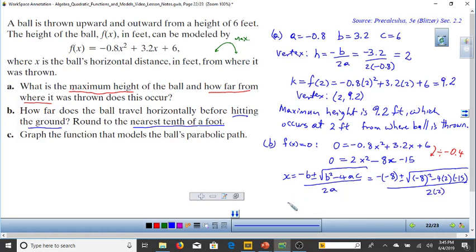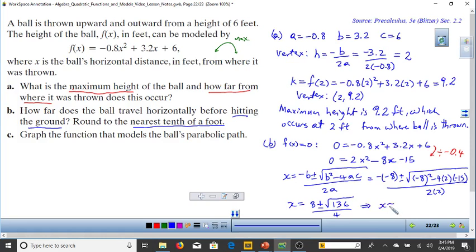Working that out, we get x is equal to positive 8 plus or minus the square root of 136, over 4. And that gives us two possibilities for x.